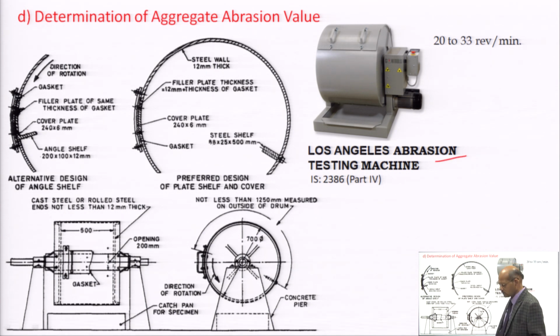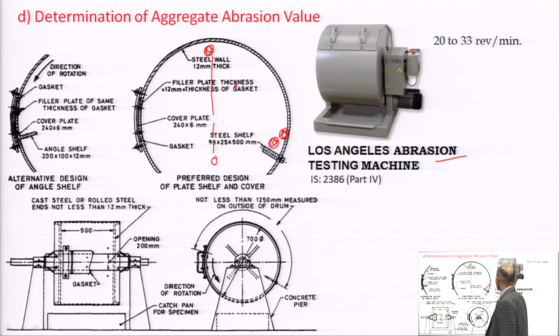What is the advantage of this? In this test abrasion will take place, and there are also steel balls. When the drum is in movement the steel balls get collected, and as they come to this place, they fall and create an impact also.